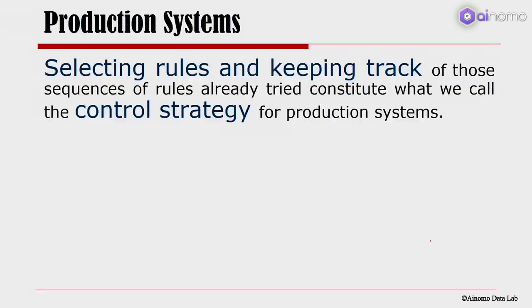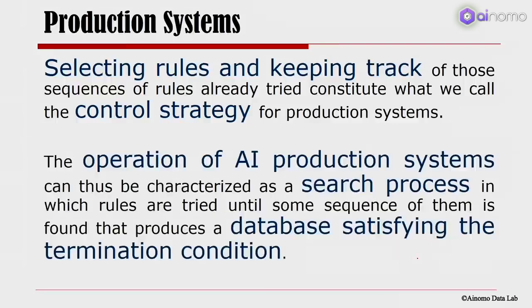Selecting rules and keeping track of the sequence of rules already tried constitute what we call the control strategy for production systems. The operation of AI production systems can thus be characterized as a search process in which rules are tried until some sequence of them is found, where I have finally arrived at a database, the facts, that satisfies the termination condition.